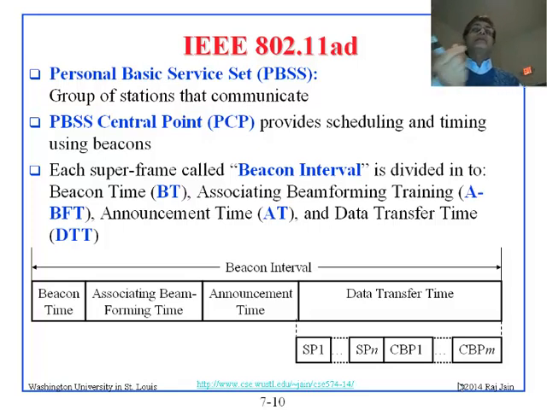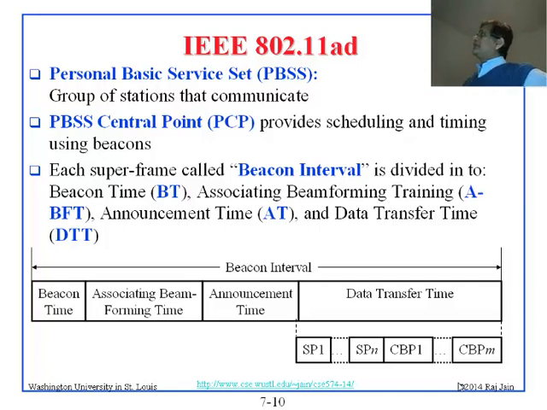If you buy a little tiny thing without PCP, then it will not be able to talk. At least when two people talk, one has to be PCP. In the example I showed a minute ago, there were two phones talking to each other at high speed. If the phones don't have PCP functionality, they won't be able to talk. So this requires a PCP.